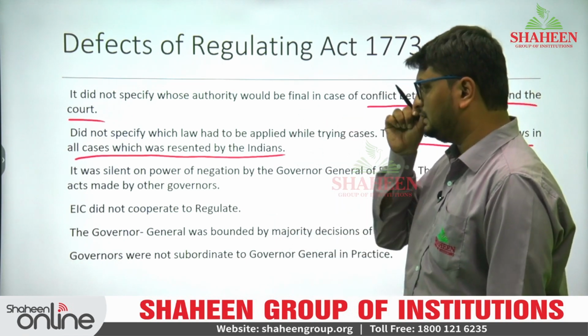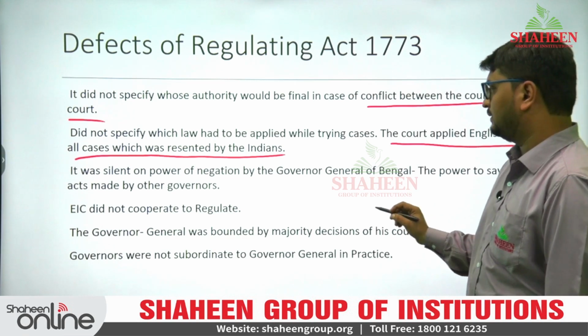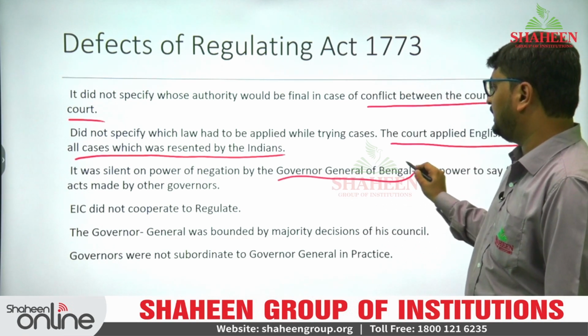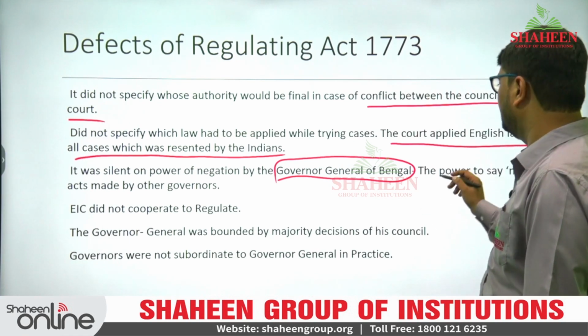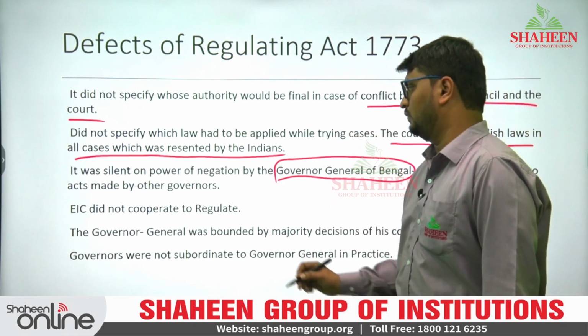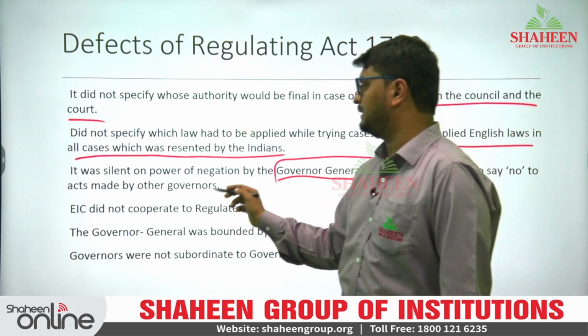Then it was silent on the power of negation by the Governor General of Bengal. The Governor of Bengal was made Governor General of Bengal by the 1773 Regulating Act, but what about the power to say no to the acts made by the governors?